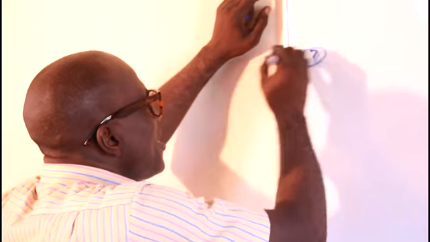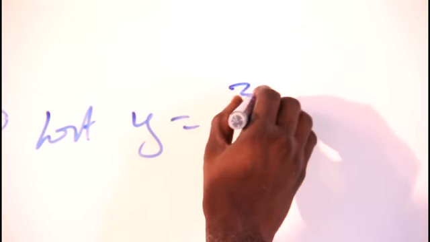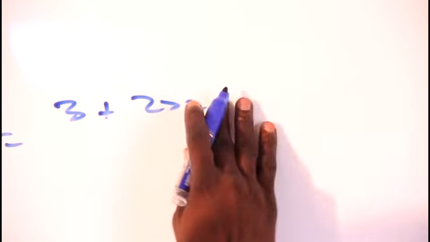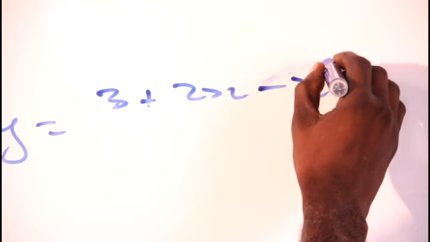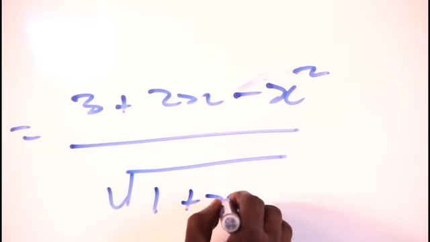Okay, in the second example, that's for 2, we now say let y be equal to 3 plus 2x minus x squared all over the root of 1 plus x.